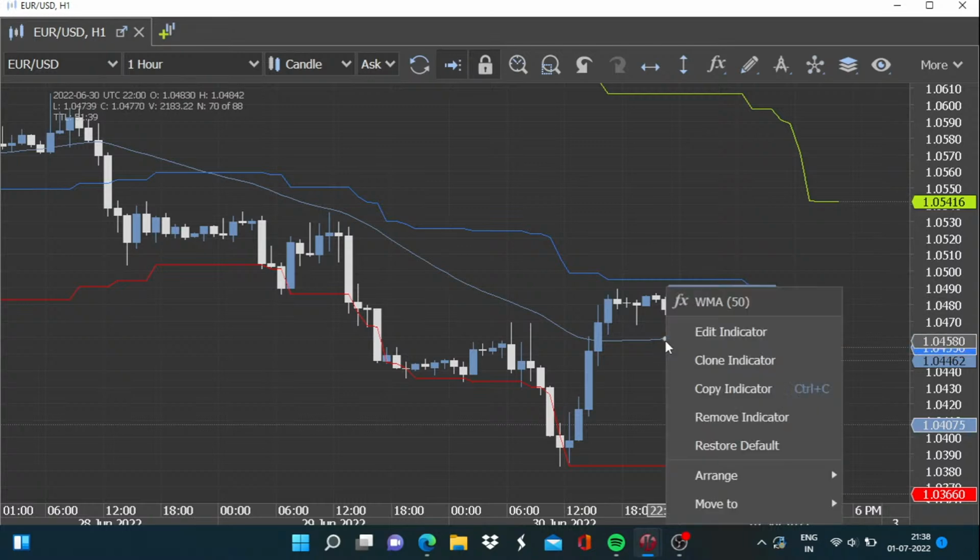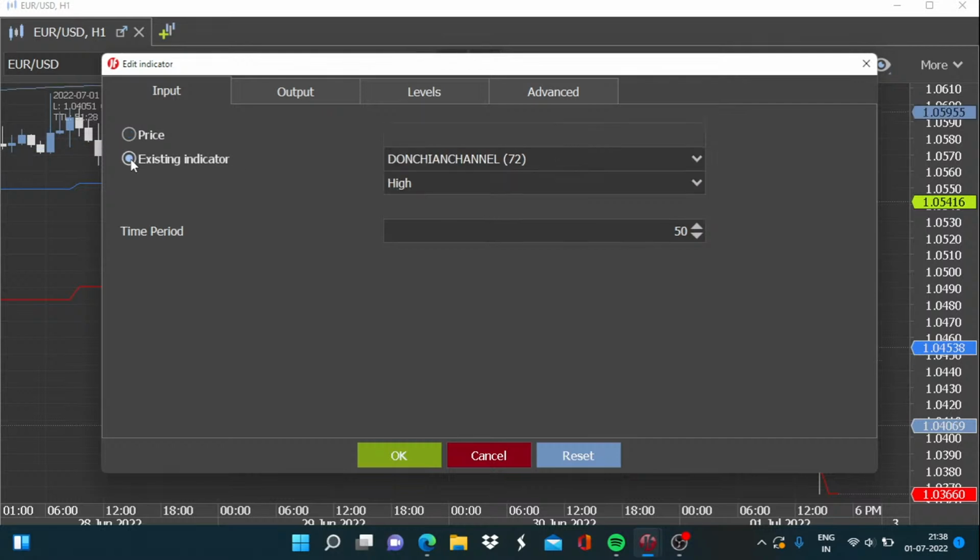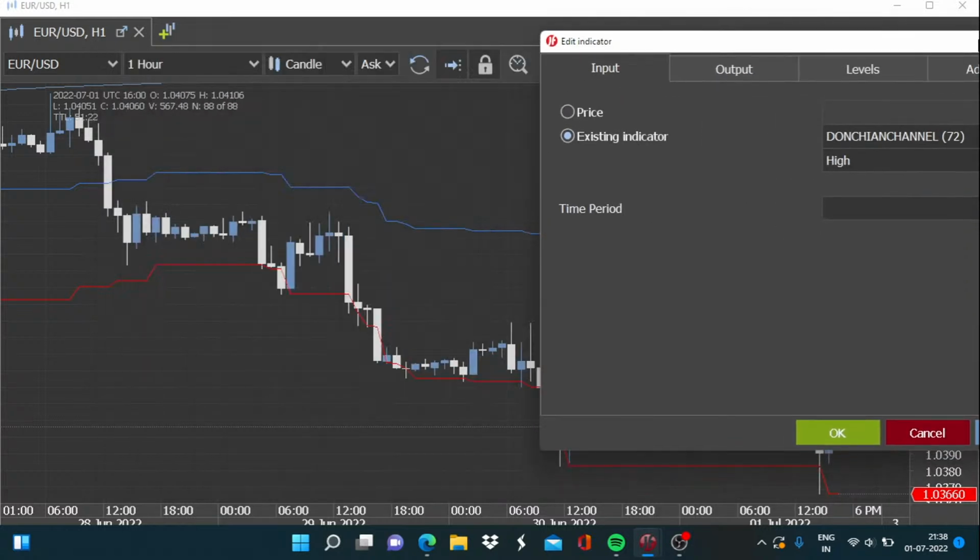And now let's see if we can take the... Okay, so here we can take whatever is the Donchian channel prices, we can use those as the input price. And here we can then take the weighted moving average of that.